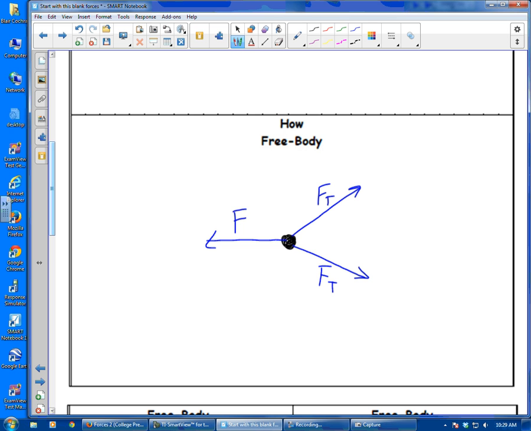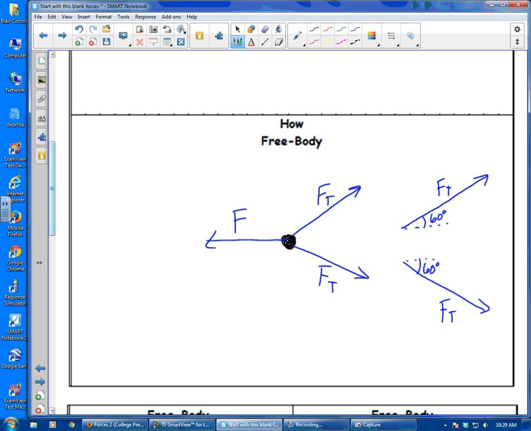And I want to break up my components here. If I've got an Ft that way and an Ft this way, if I'm to make those into triangles, these angles here would be 60 degrees since they have to add up to 120, and I'm bisecting that angle.